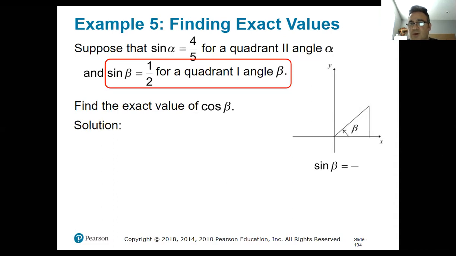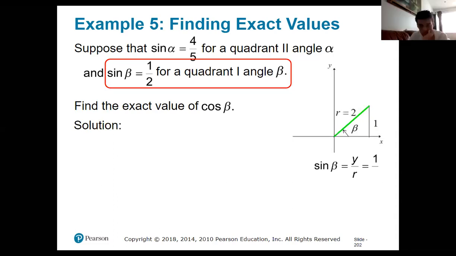In terms of x, y, and r, what is sine of beta? Y over r. Very good. So now, what's y in this case? 1. And what's r? 2. Right. 1 over 2. That's y over r.